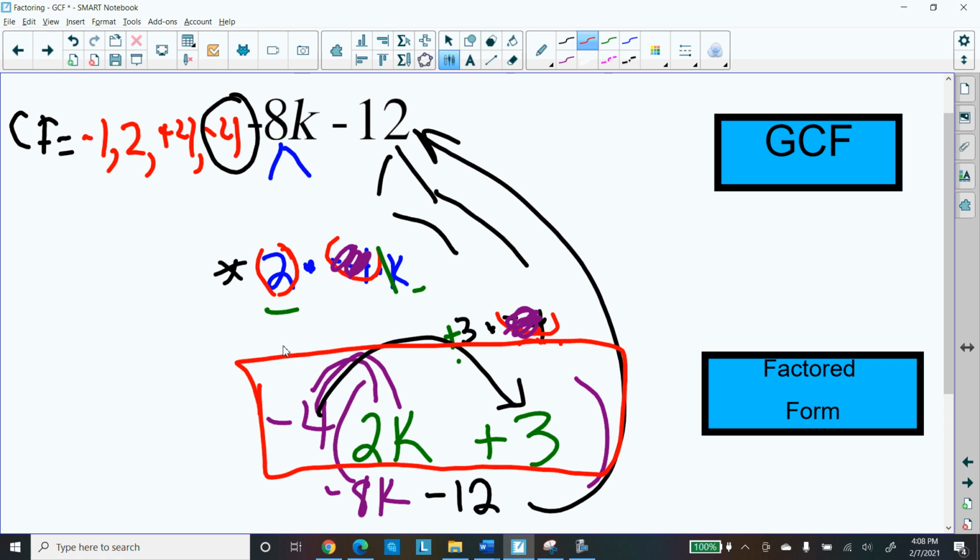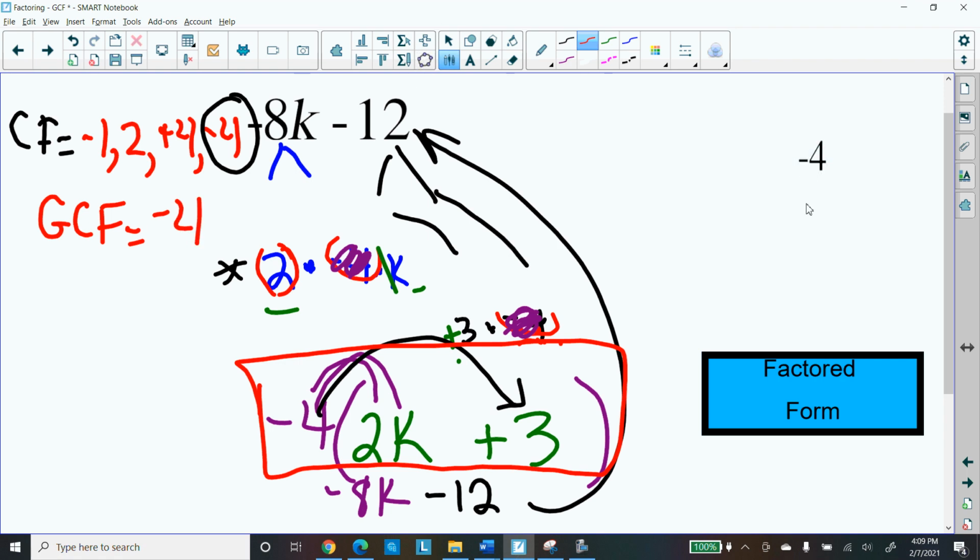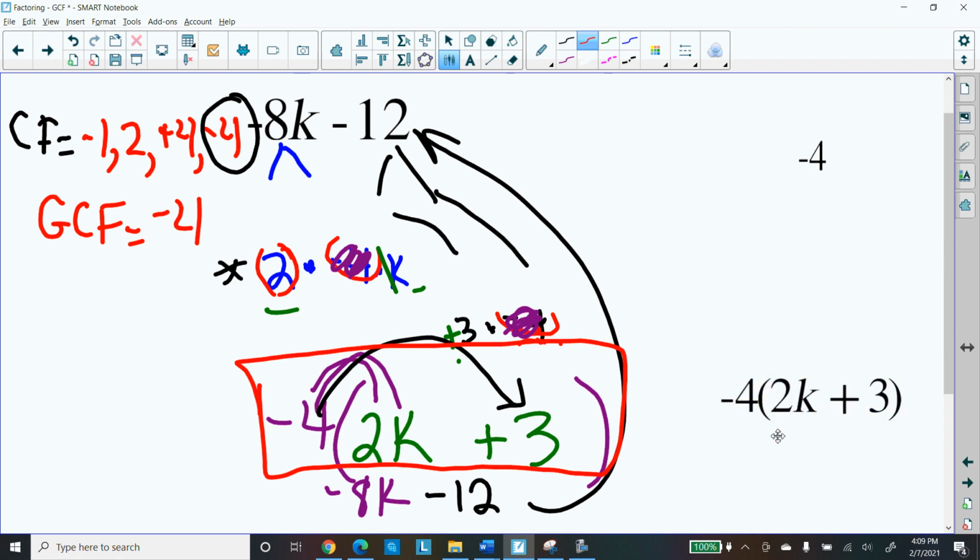So our GCF, we found out we were factoring, was negative 4. So we wanted to factor out the negative. And in factored form, we have negative 4 parenthesis 2k plus 3. There's our factored form. Man, it's a lot of work.